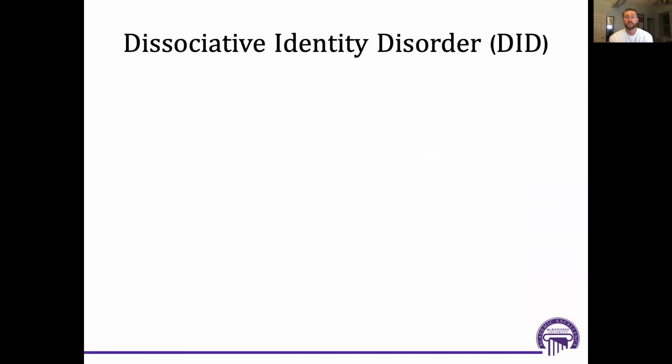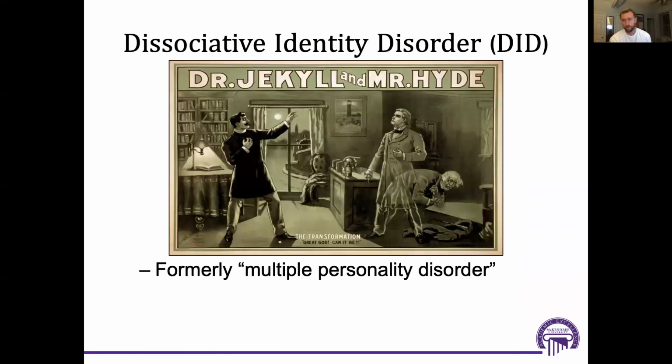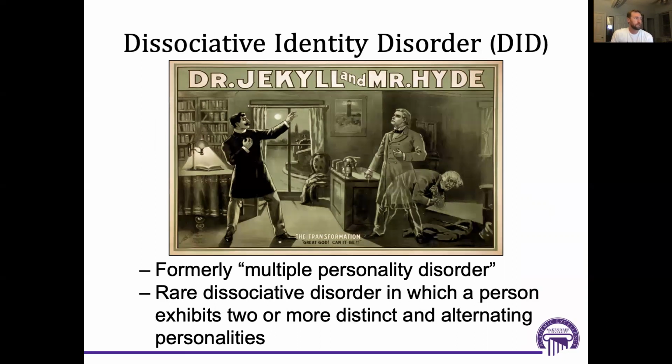This was formerly known as multiple personality disorder. Okay, that was the old DSM classification, but now it's known as DID. And this is, again, a rare disorder in which a person exhibits two or more distinct, what are known as alters, or differing personalities.